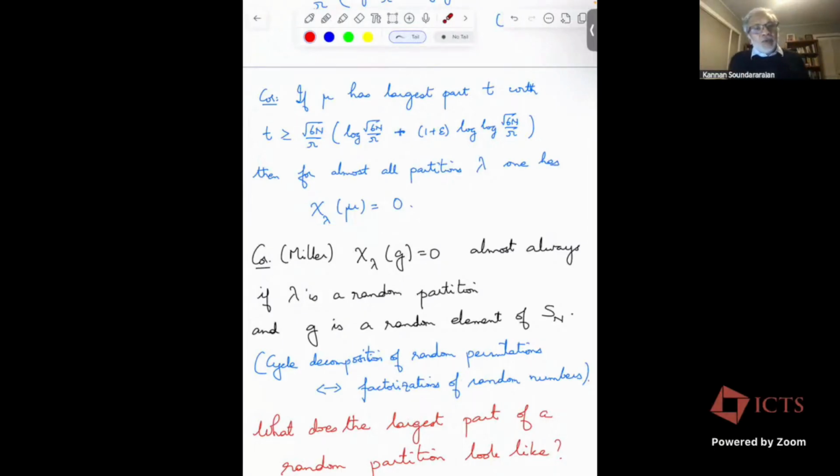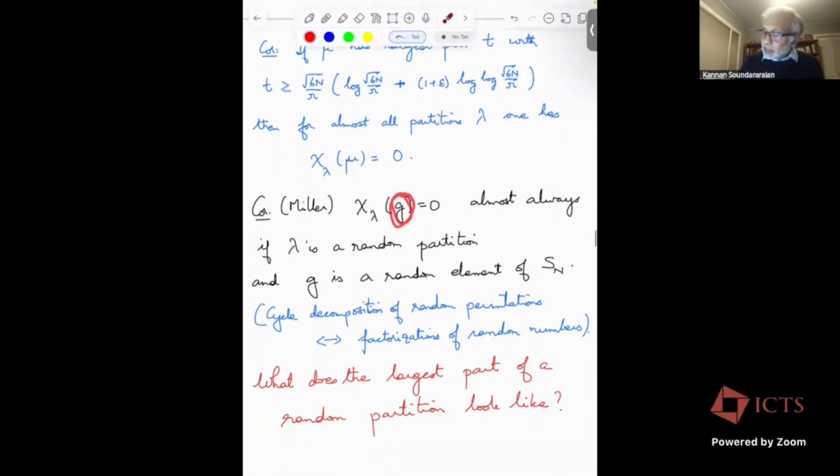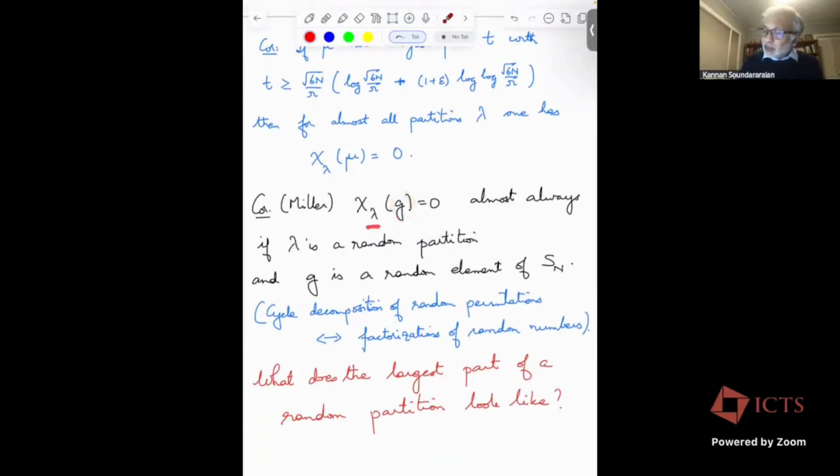Okay. Now, this is the calculation that Miller first used. If you pick an element G from the symmetric group at random and then take an irreducible representation lambda at random. And the reason for it is that if you take a random element of the symmetric group and write down its cycle decomposition, this is actually going to look almost exactly like the prime factorization of a random integer.